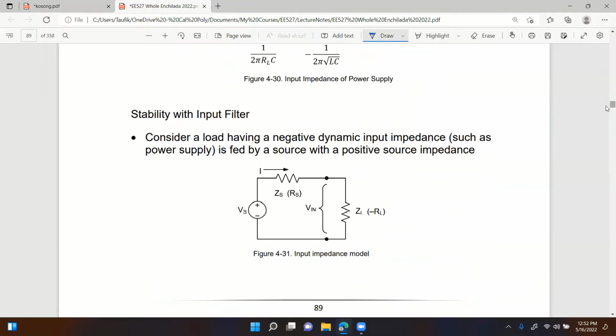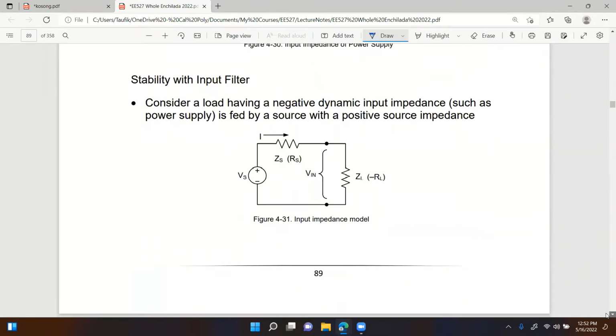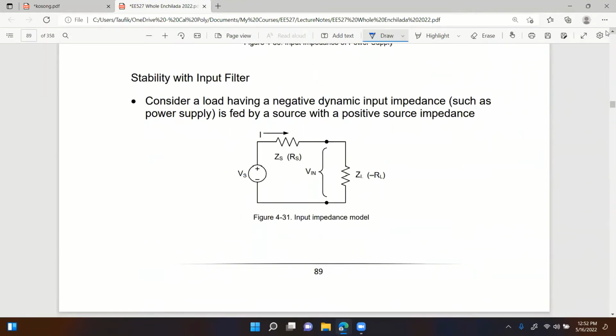All right, now stability. How can we relate input filter with stability? Here it is, right here. Consider a load having a negative dynamic input impedance, such as a power supply.